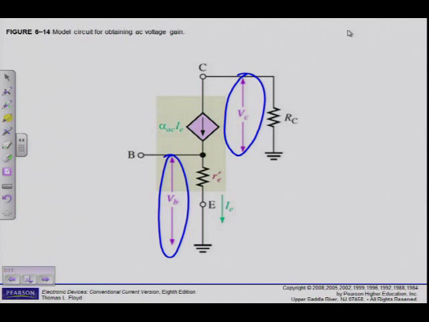Voltage gain is then equal to RC, which is a DC quantity, over r'e, which is the AC emitter resistance. That is the basic formula for voltage gain of a common emitter amplifier.